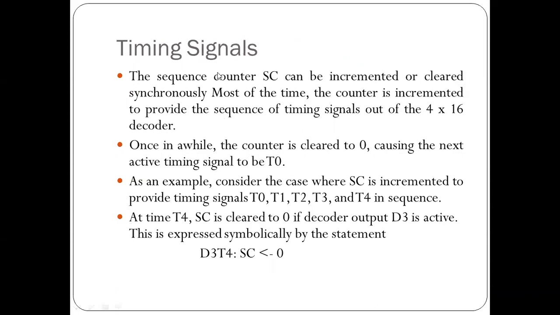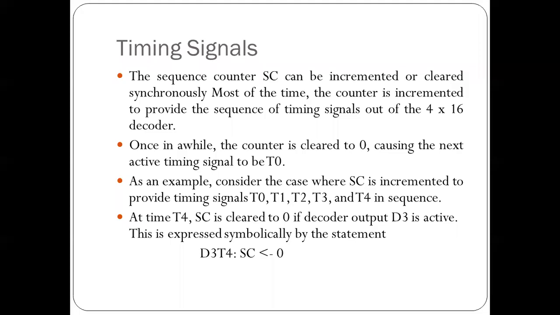The sequence counter is initially cleared to 0, and it increments one by one, generating timing signals T0, T1, T2, T3, and so on up to T15. After T15, the sequence counter is cleared again.